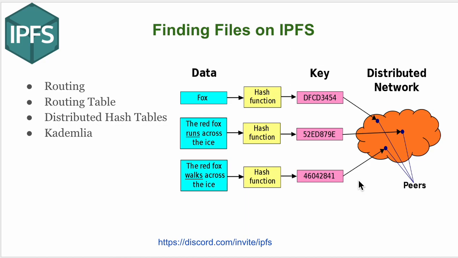So the distributed hash table, it's a table that contains a content and the CID for that particular content. Okay, so we have dedicated nodes of peers that maintain the distributed hash table. They are selected. Okay, not everybody.